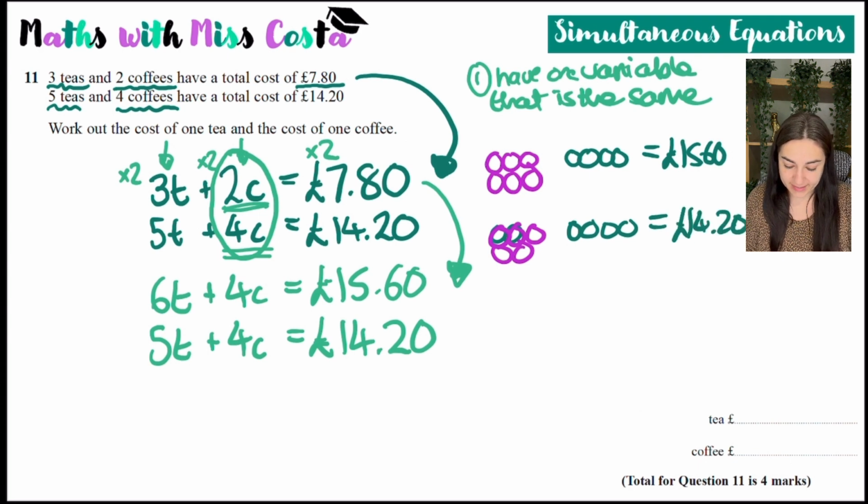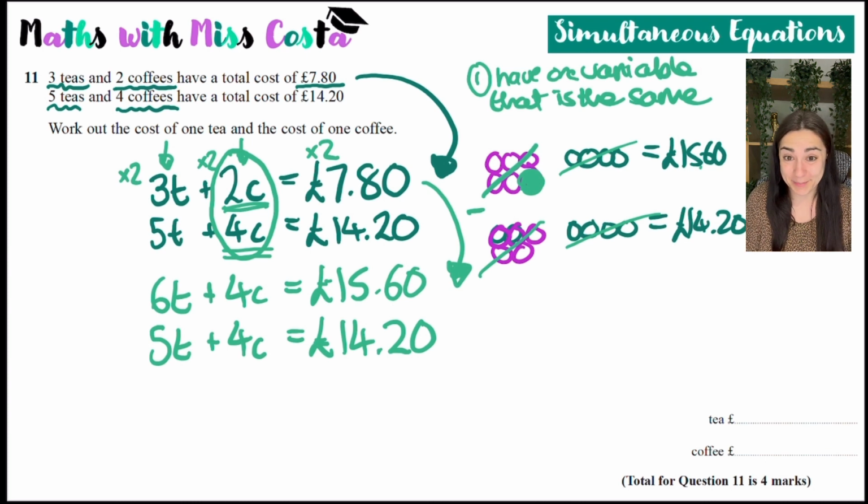If I subtracted these equations, I'm asking, what do I have in common? Because whatever I have in common I can eliminate, but I also have to subtract everything else. So I get rid of the c's, and I'm just left with one t here, and then whatever £15.60 take away £14.20 is. So whenever you've got simultaneous equations, you're trying to find the same variable, and then you decide whether you add or subtract the equations.